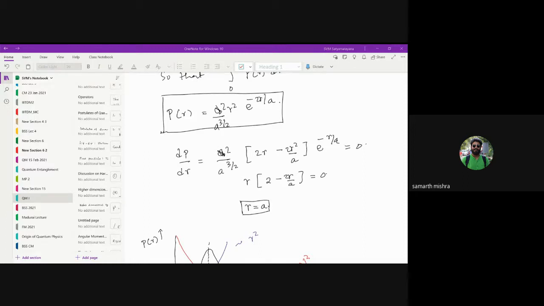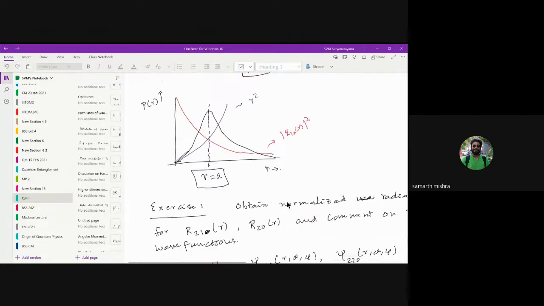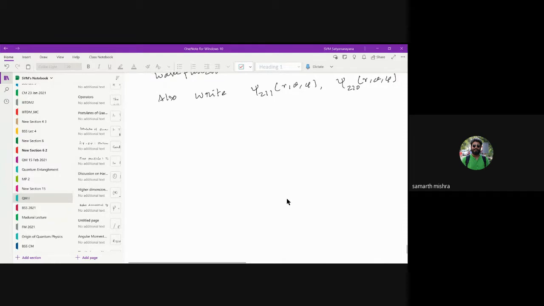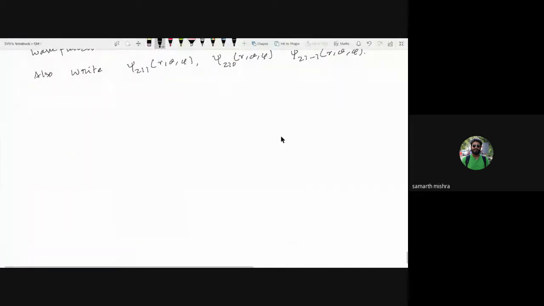That is basically the definition of probability density. Suppose psi is some random variable.